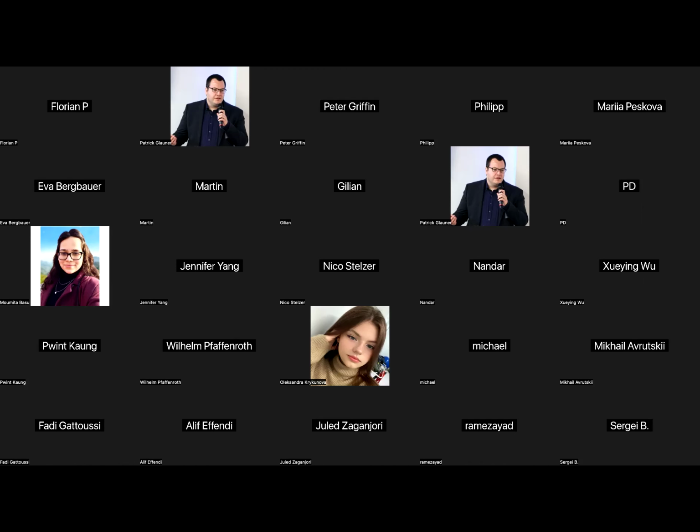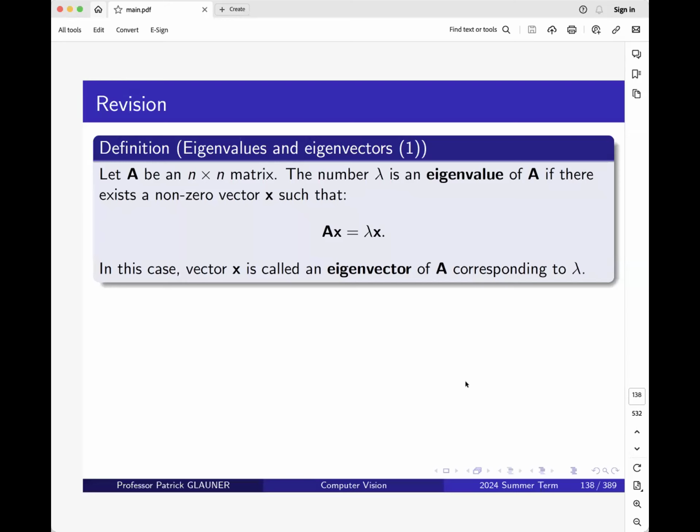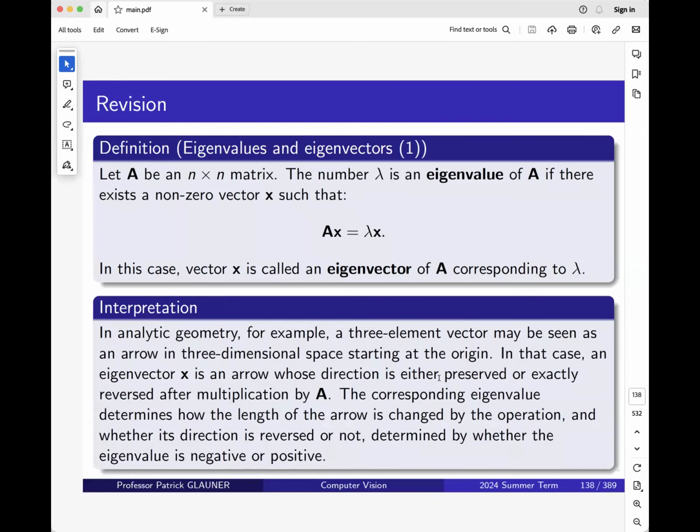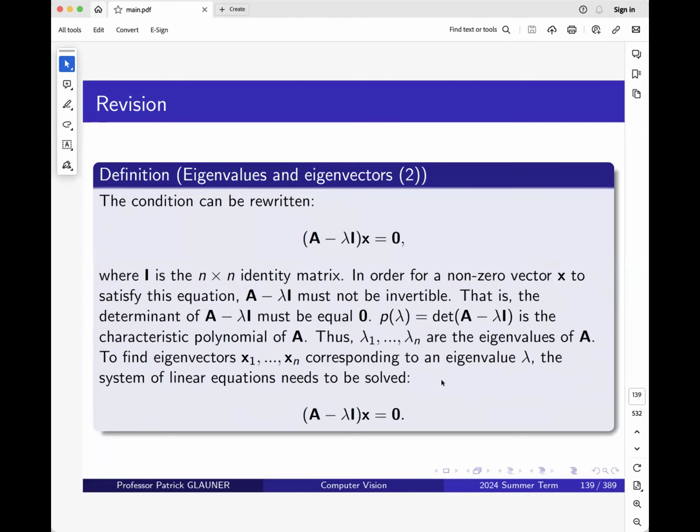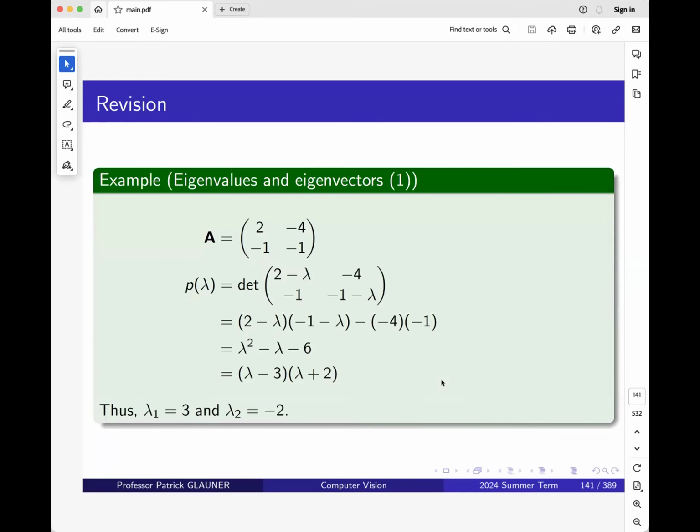I will just show you this in the slides, so I don't need to read it out or write it out. Just a quick overview of the slides. This is what we had just done. What is an eigenvector, eigenvalue? With a little bit more text for your revision. We had put this condition and we had tried to solve it.